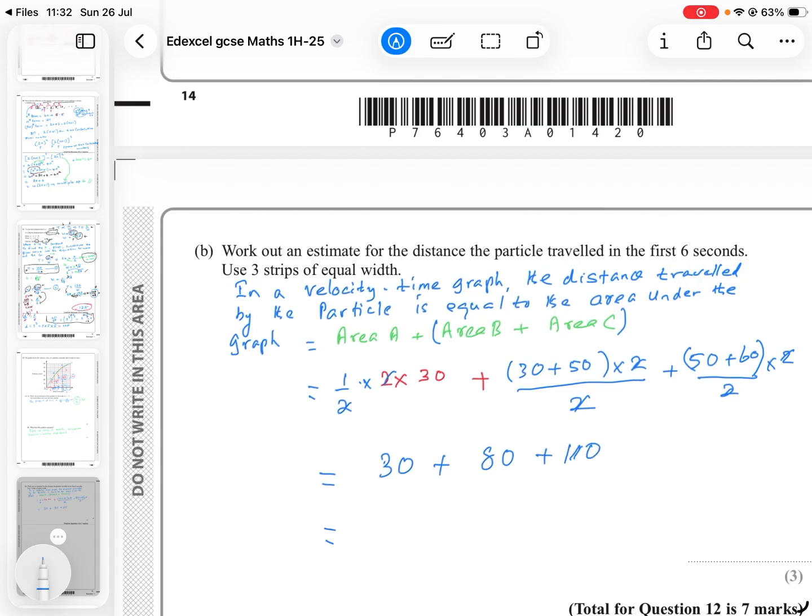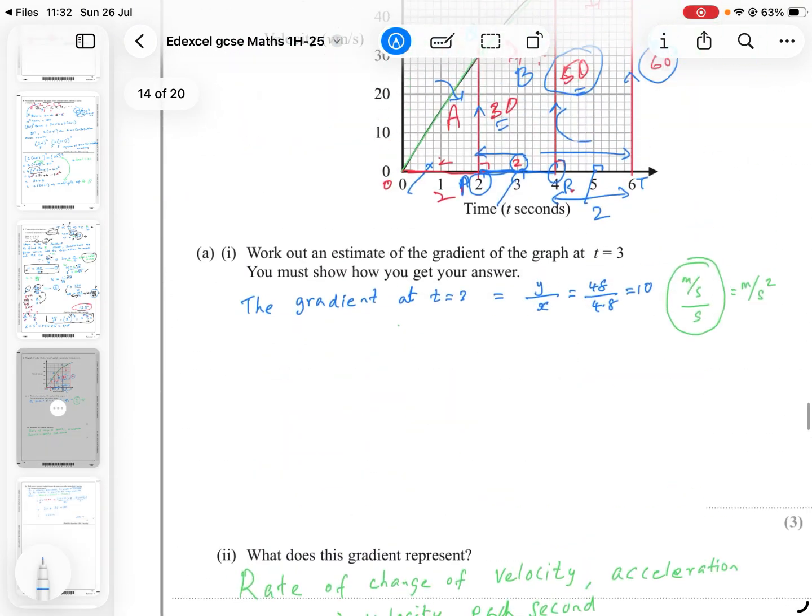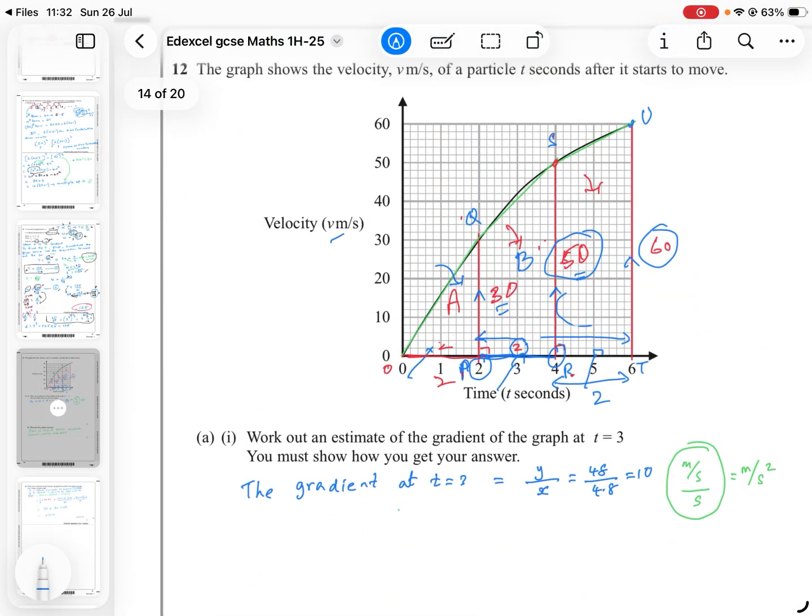So altogether 220. The estimate for the distance the particle traveled in the first 6 seconds is 220 meters, because the units are meters per second, so meters.